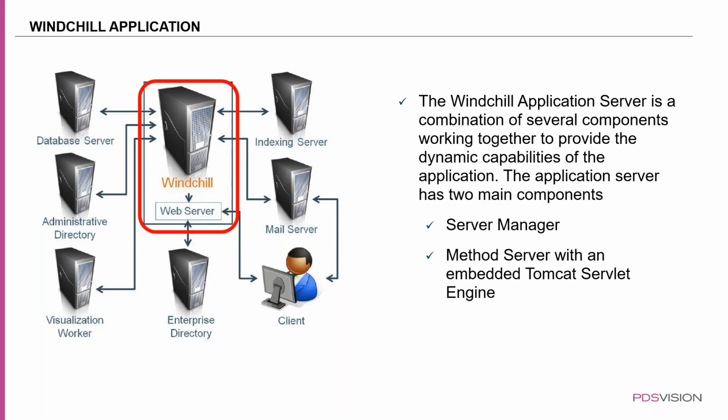And then the background method server handles the processes. So if you create a promotion process, that sort of process is handled in the background method server. And things like Windchill queues or publishing are also handled in the background method server.